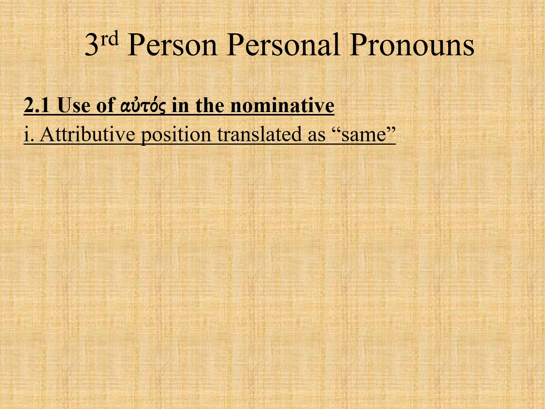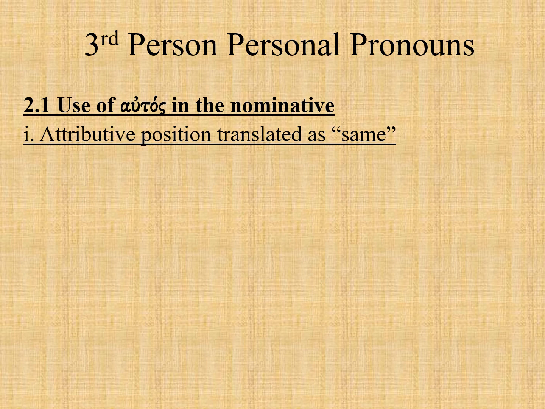Now we also have a somewhat more unusual way of using autos, the third person singular personal pronoun, when it is in the nominative case. The word autos can also be used as if it was an adjective.